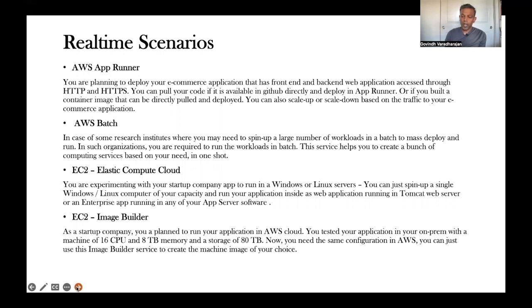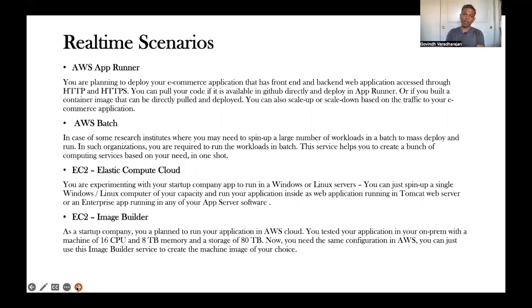AWS App Runner is a service available mainly for organizations whose web applications can be uploaded into AWS and accessed easily through the HTTP or HTTPS protocol. For example, you are building a web application for your automobile company. You are in the automobile industry and you want to provide repair services for all the cars and bikes.